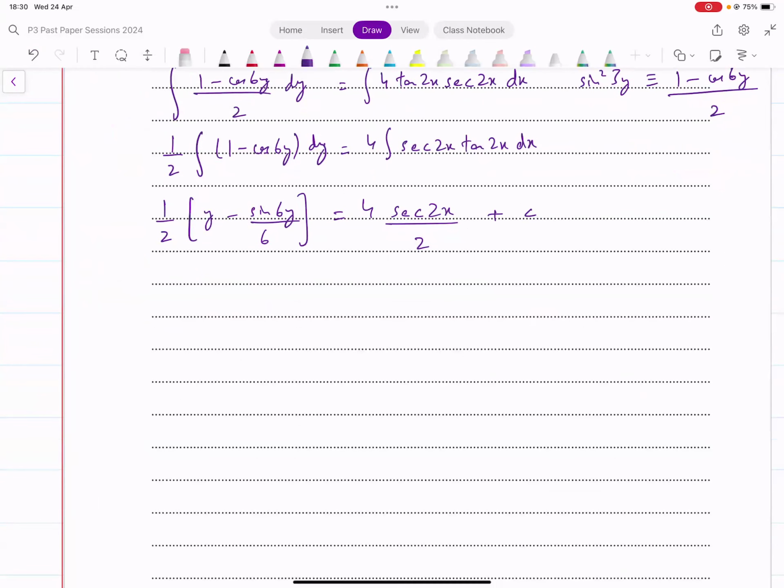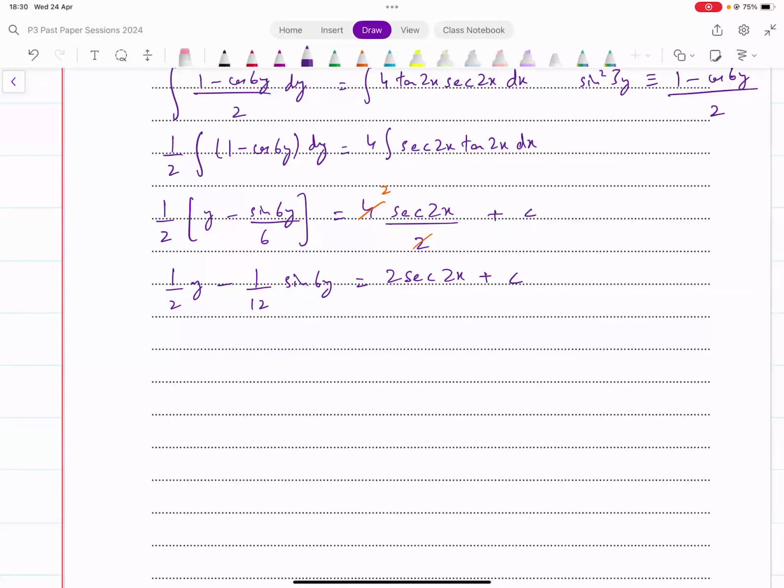On the left side, we get 1 over 2 y minus 1 over 12 into sine of 6y. On the right side, 4 and 2 get cancelled, and we're left with 2 secant 2x, that's the integration that we got on the right side, plus c.